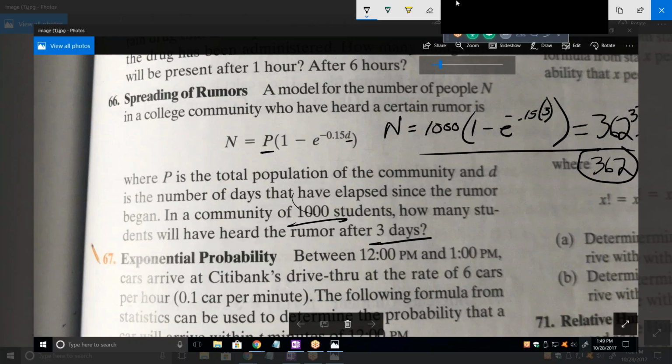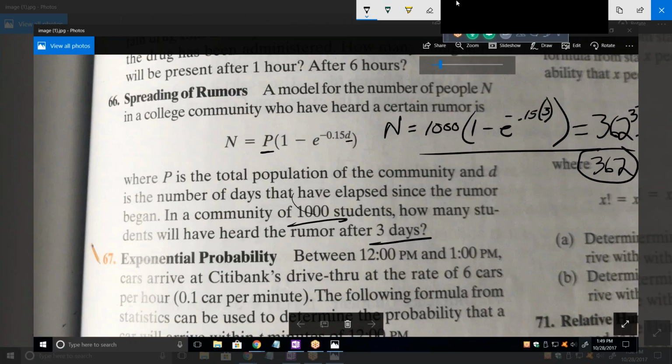Now, does that make sense? What if our answer would have been greater than 1,000? Well, there's only 1,000 people, so. Exactly. So it couldn't have been right. So what I look for in terms of a ballpark figure here is at least make sure we're less than 1,000 in our answer.